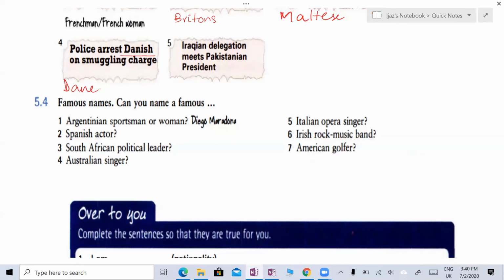Okay, number 5 should be very easy, so I'm not going to underline any word. Can you correct number 5, please? Pakistanian. So this is wrong, right? I mean, Pakistani president. You can underline. Okay, there is another mistake here. We don't say Iraqian delegation.